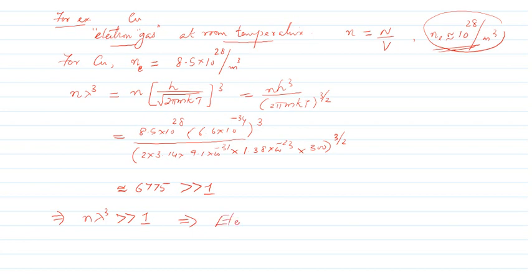Electrons in copper, not only in copper, actually in any conductor you will see, because the value is not going to change much. Electrons in copper at room temperature are to be treated quantum mechanically, or treated as a degenerate Fermi gas.